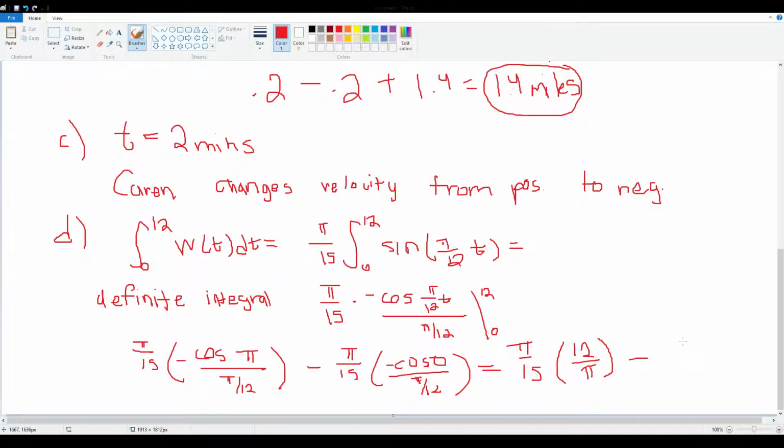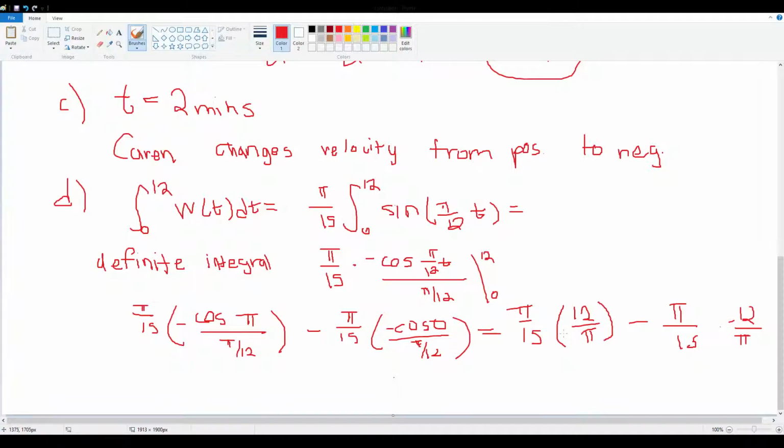And then negative cosine of 0 is negative 1, so you have pi over 15 multiplied by negative 12 over pi. That's just 12 over 15, which is 0.8. And then you're going to subtract negative 0.8 also, which equals 1.6 miles.